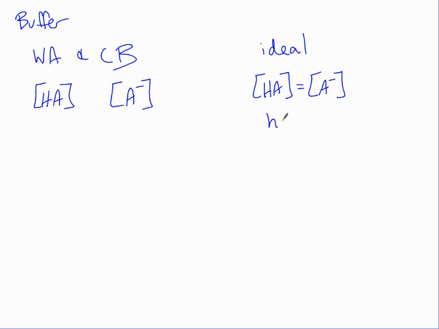The ideal is at the halfway point. And at that point, we also have this very important relationship where the pH at the halfway point is the pKa of the acid. And so we can learn a lot from the titration curve.